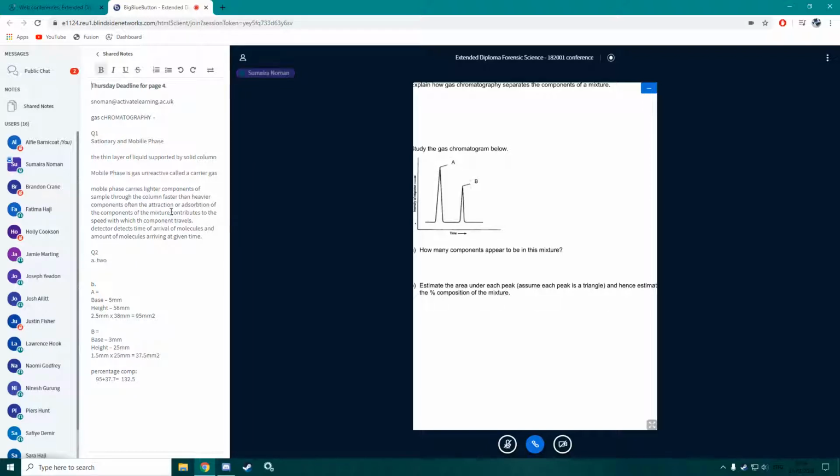Let's go back. Okay, and then to work out the percentage composition of each. So for A, our answer is going to be 95 over 132.5 times 100.